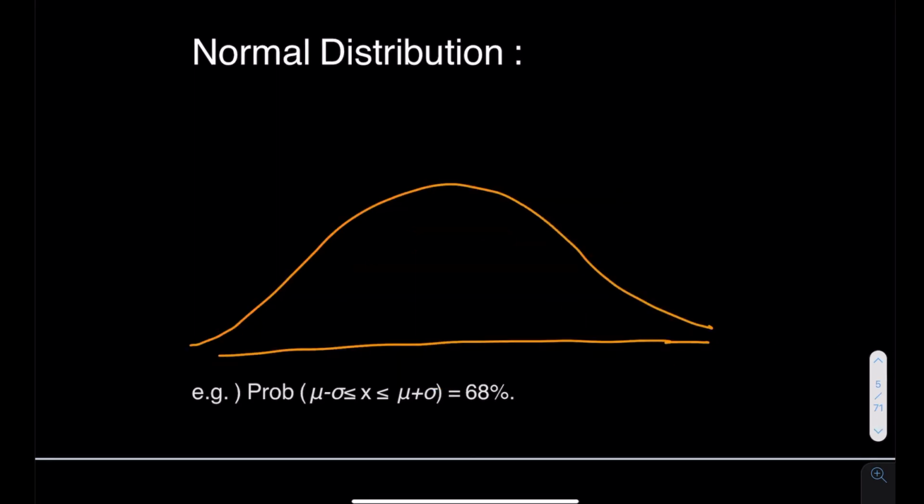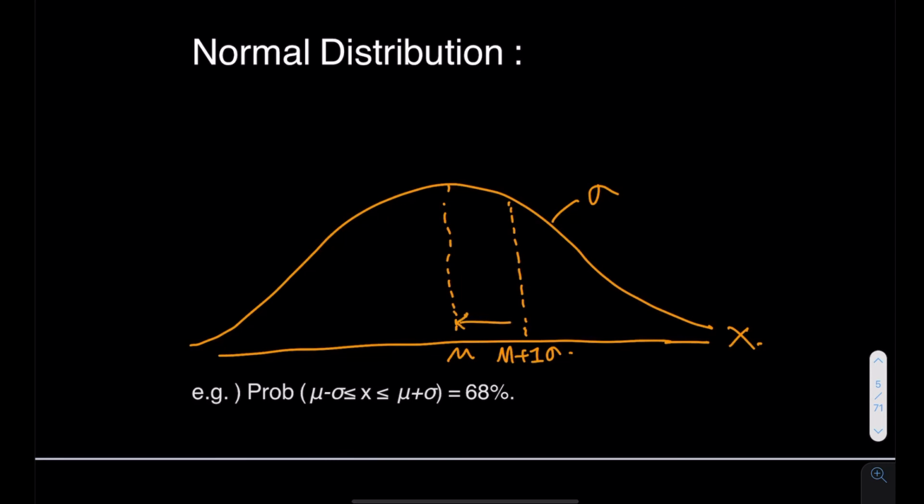Another interesting characteristic of the normal distribution is that given a certain range, we can get the probability by measuring the area under this curve. What this means is, here at the center we have the average, right? And the standard deviation of this normal distribution is given. Then, for example, let's say there is a value of x that is 1 sigma of difference from the average value.